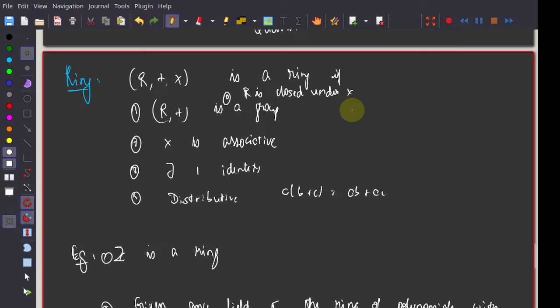So let's assume that maybe one of these properties should not be satisfied.